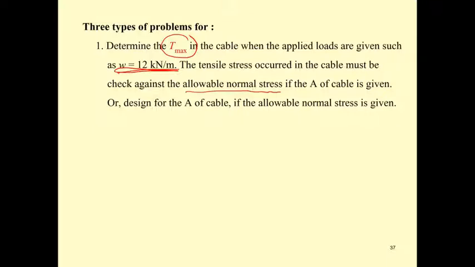Or we can check if the cable is big enough or not by checking it with the allowable normal stress. So the T max has two uses. One, we use T max for the design to find the size of the cable. Another one is to check the sufficiency or ability of the cable to resist the given force.